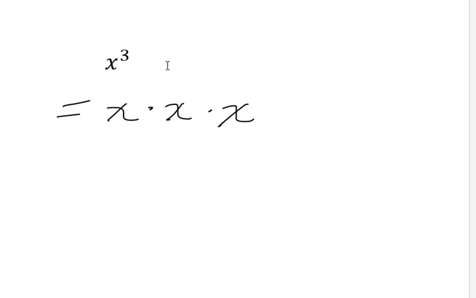That x right there is what we call the base. That up there, the smaller number, is what we call the exponent. So here we have x times x times x, basically multiplying 3 x's. That's what it means to have an exponent, that the base is going to multiply times itself 3 times, or whatever that exponent may be. So I hope that makes sense. Now let's get into it.